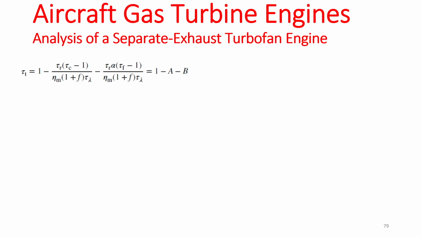One part is only the contribution of the compressor, so the expansion you need in a turbine to drive the compressor, right? And the other part is going to give you the expansion you need in the turbine to be able to drive the fan, the fan part of the bypass part of your engine.